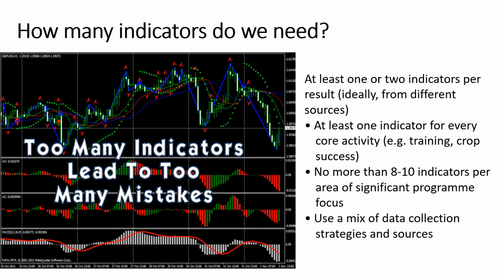So 1 indicator or 2 indicators for every core activity. Please don't use more than 8 to 10 indicators, because that will actually have too much of an impact on the focus, and it will make us measure many different things, and we might actually be missing crucial information.